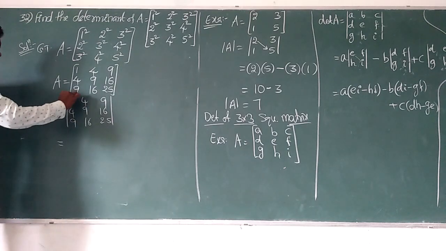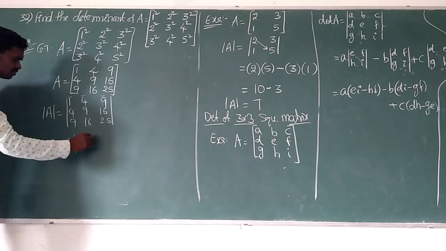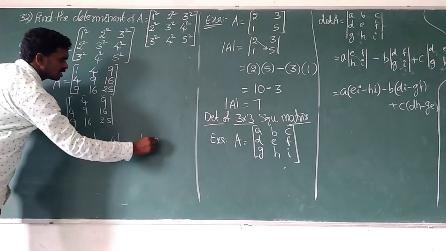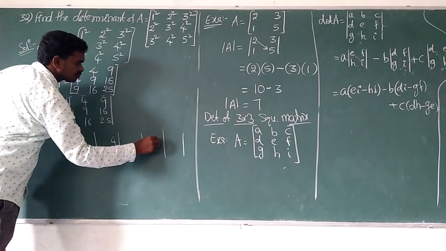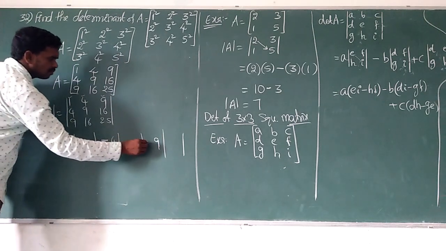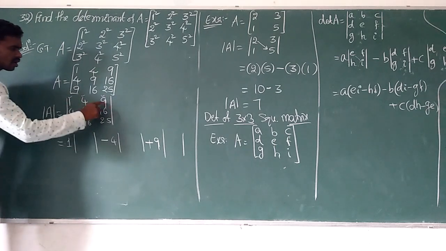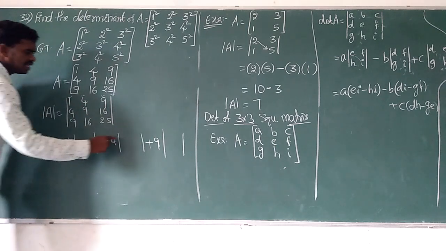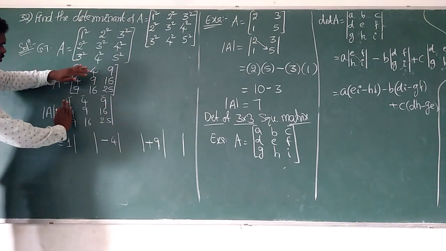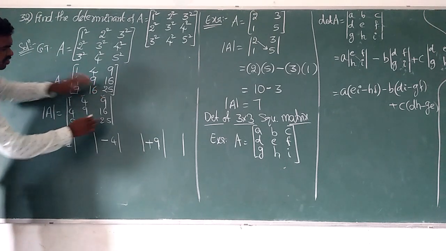First, what are the elements? First row 1 4 9. So 1 into det, next 4 into det, next 9 into det. Signs are plus, minus, plus. Next, for 1 close the column and row. What are the remaining elements? 9 16 16 25.